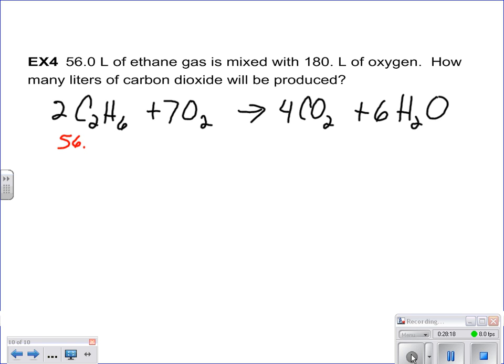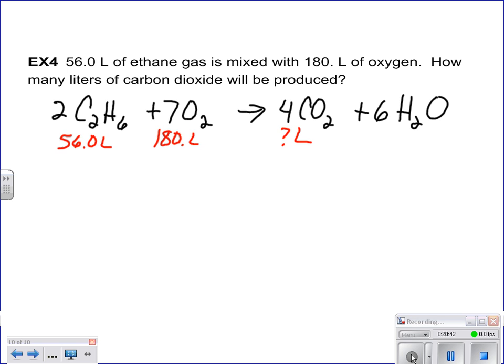We've got 56 liters of ethane and 180 liters of oxygen. How many liters of that gas is going to be created? How do you guys want to do this? The first way or the second way? Second way it is. Okay, so we're going to do this the second way that we learned.